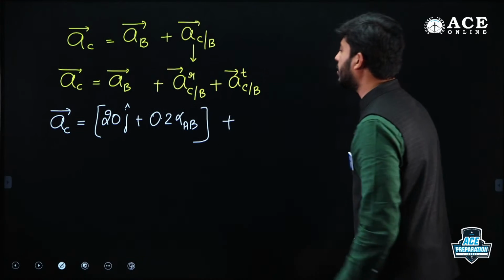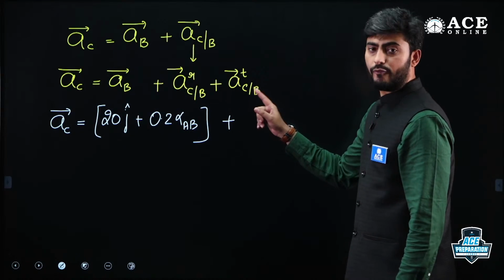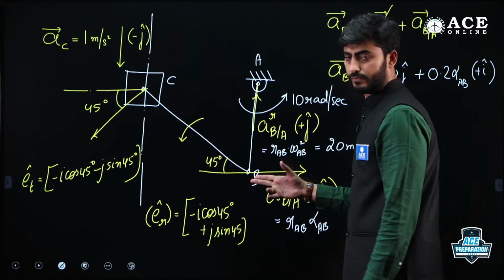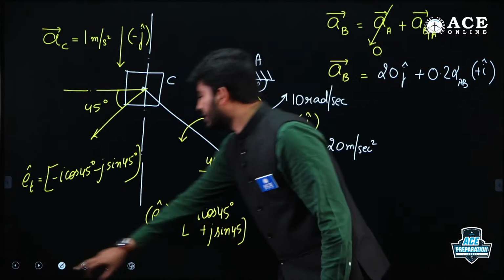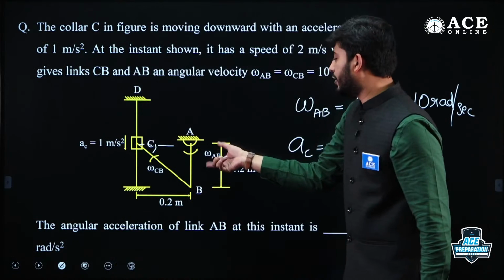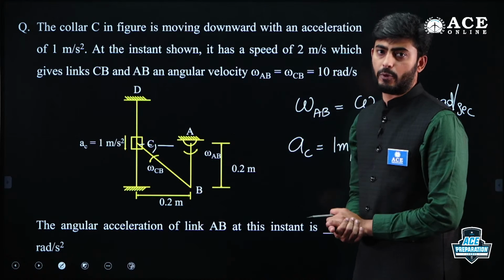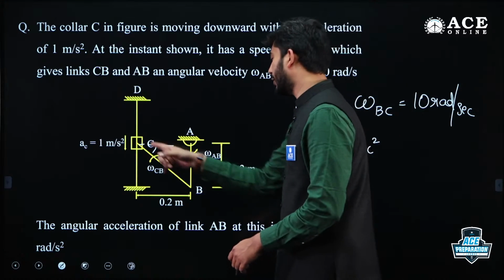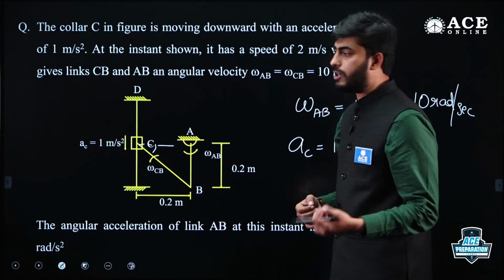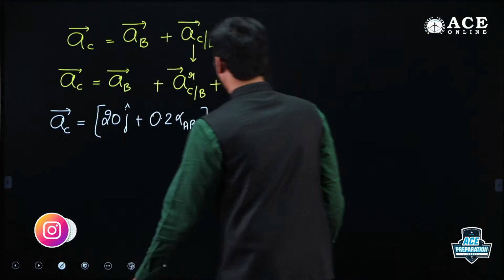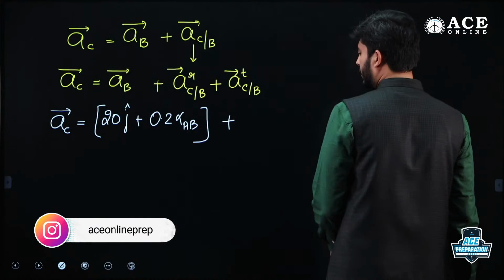Similarly, the radial component of acceleration for link BC, the coupler link. The dimension here is 0.2 and this is 0.2, so the hypotenuse BC will be root 2 times 0.2. What is root 2 times 0.2? That is 0.28.